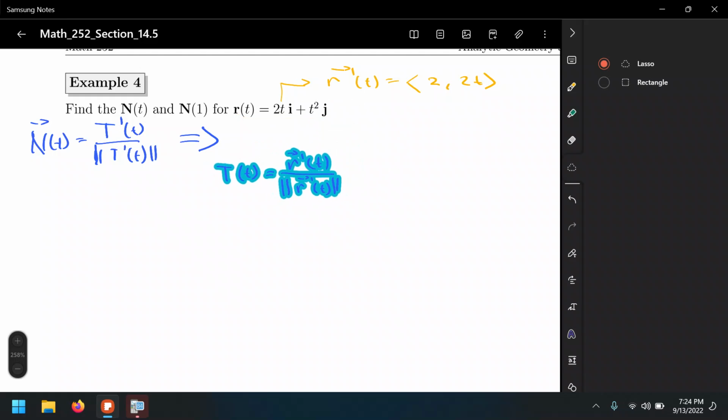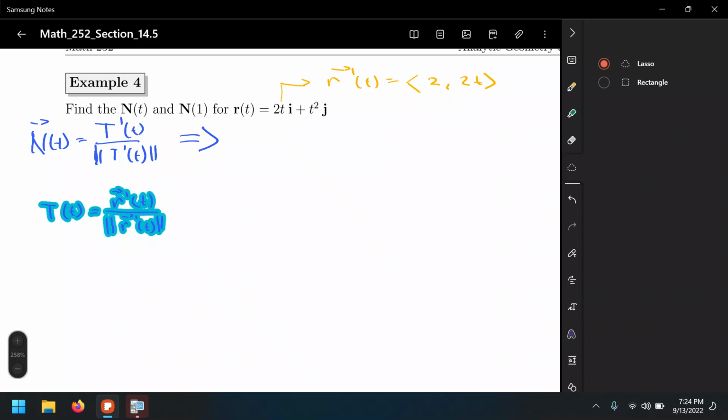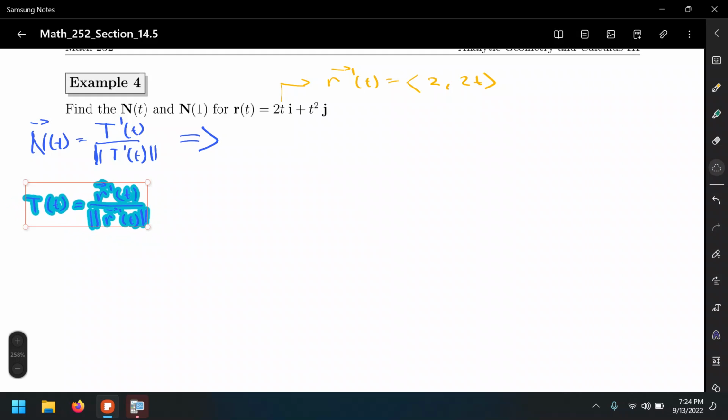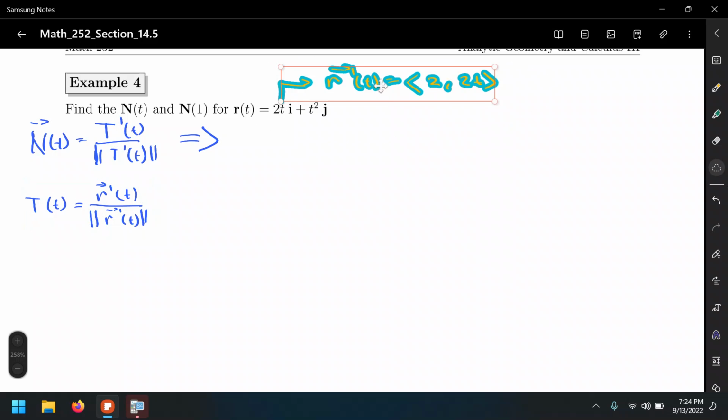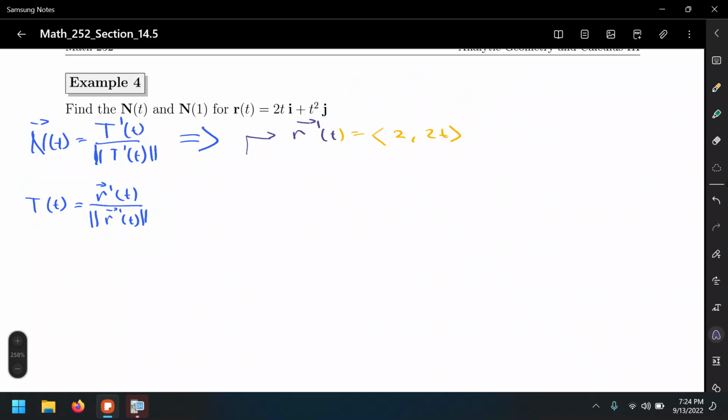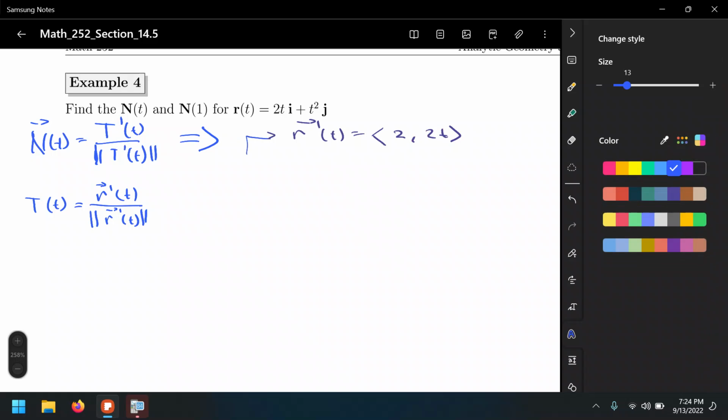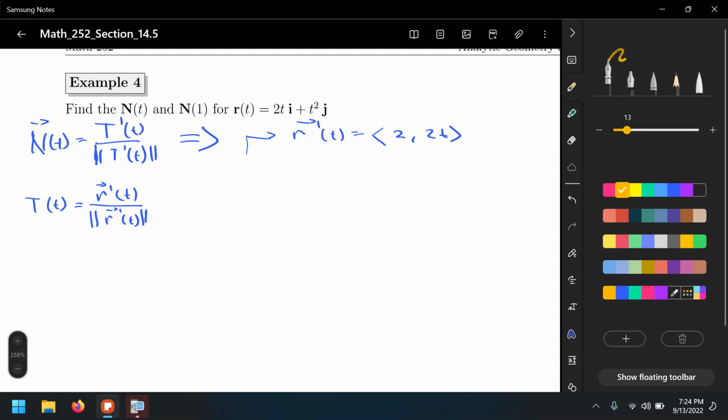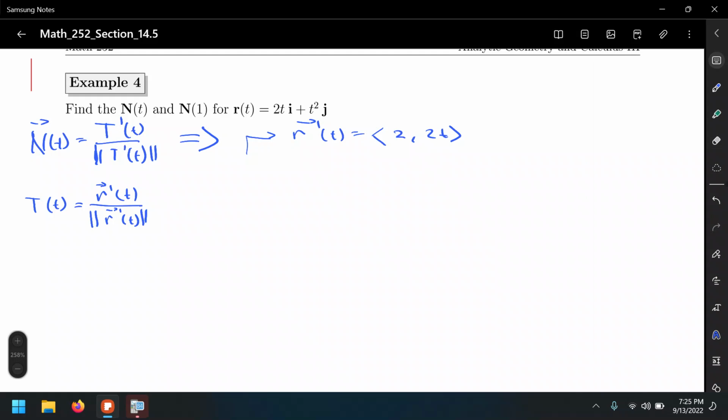We also need the magnitude of the derivative, that's the square root of 2 squared plus 2t quantity squared.